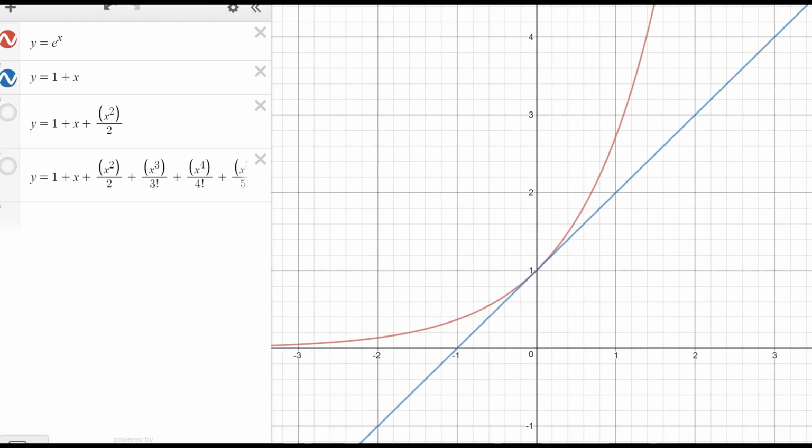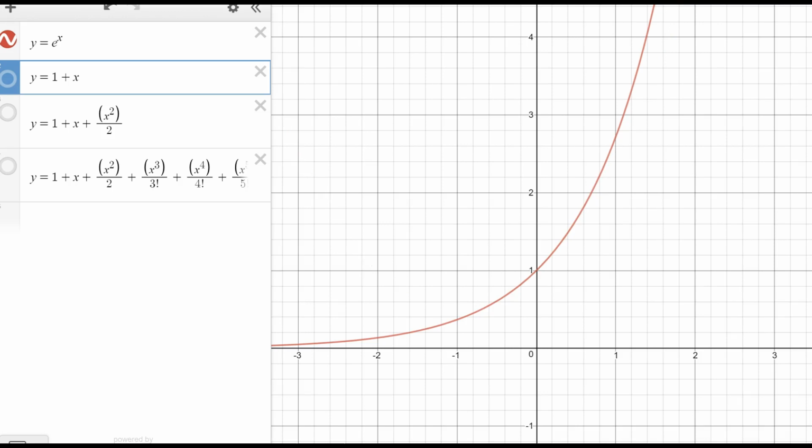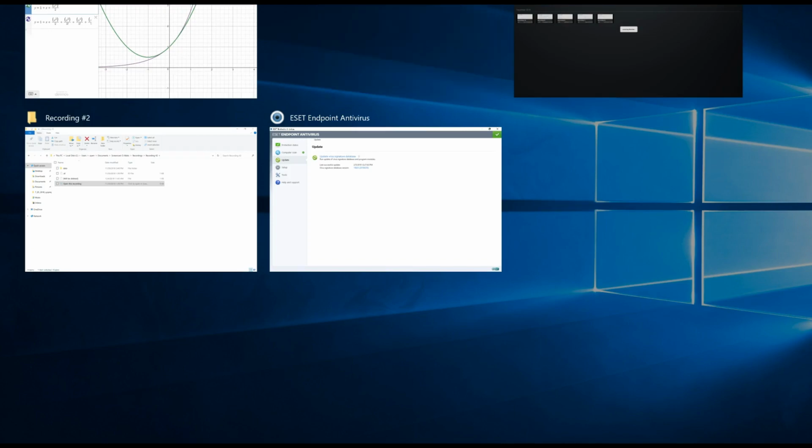We start with our little line, then it bends around and it becomes a parabola, right? And then, if I wanted to, I can go do the cubic and do it in stages, but each Maclaurin polynomial, as the degree gets higher and higher, resembles y equals e to the x more and more over a larger and larger interval of x. And that interval of x is centered at x naught, which is x equals 0.